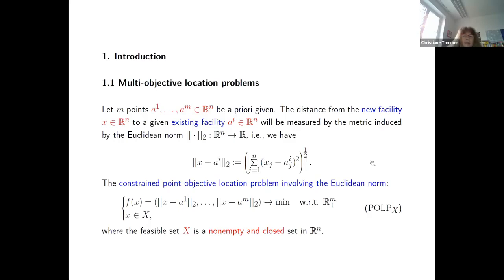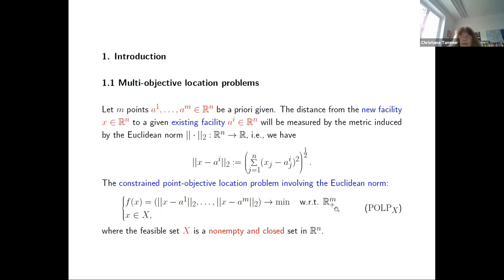This is the Euclidean norm, and this is the formulation of the multi-objective location problem where the Euclidean norm is involved in each component. So we study here a multi-objective optimization problem because we have M objective functions. This means that the objective function takes the values in the M-dimensional Euclidean space.